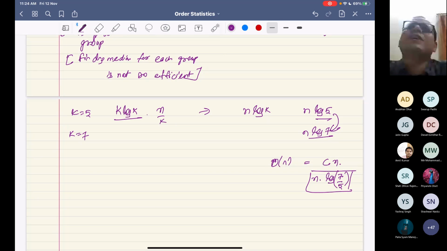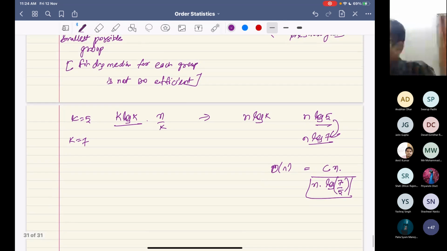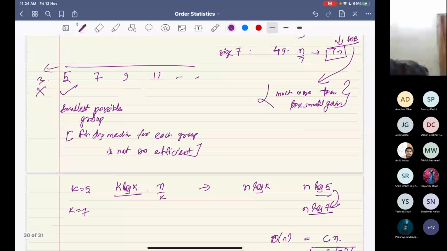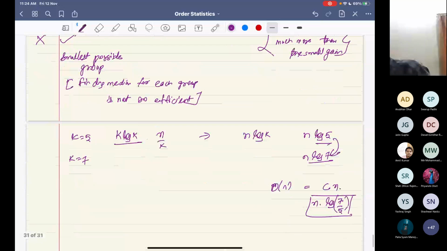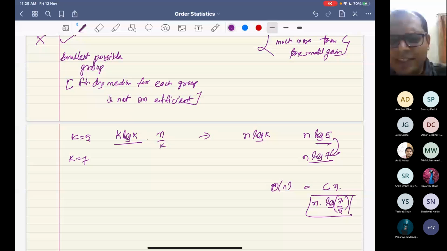But finally, that's what turns out. If you keep on doing 7, 9, 11, whatever, you see again a loss here. They either balance out or sometimes the loss that you're having is even larger.